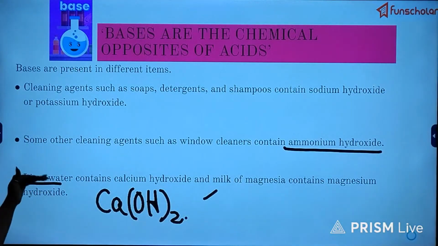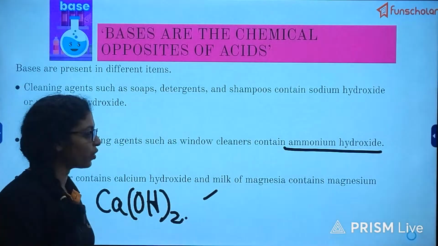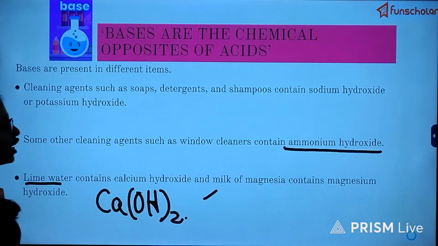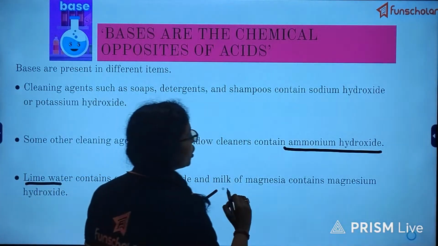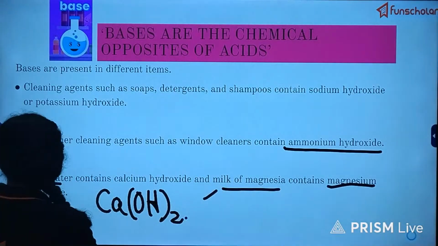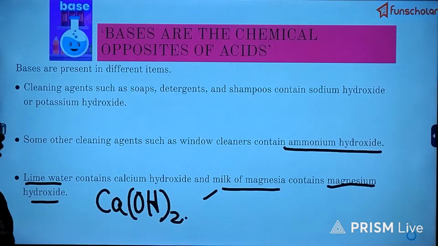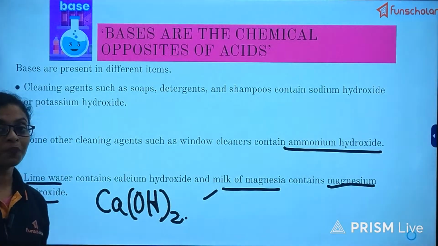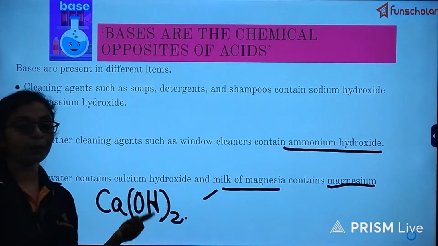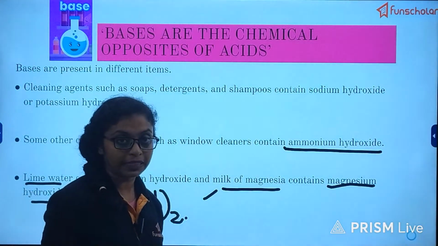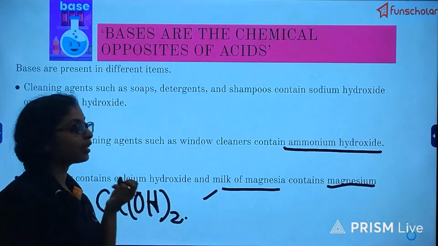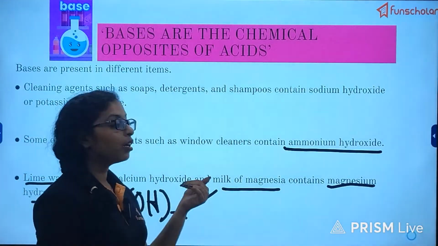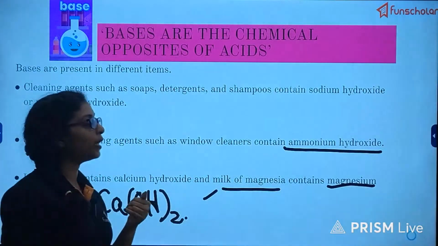Lime water contains calcium hydroxide and milk of magnesia contains magnesium hydroxide. So what is milk of magnesia? Milk of magnesia is mostly used to mitigate problems regarding constipation mainly. Indigestion type of problems can also be mitigated by having milk of magnesia.